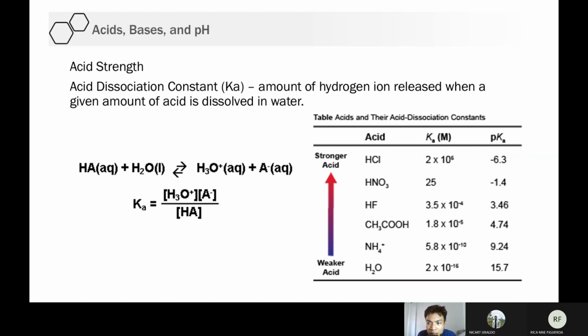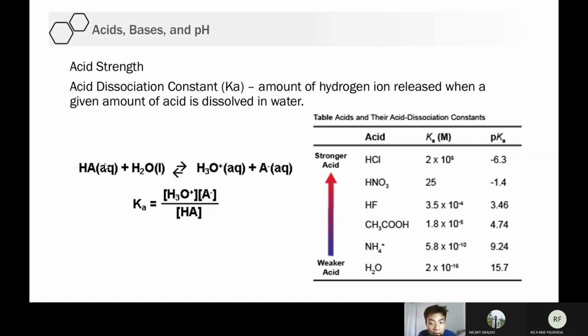How do we solve for the Ka ba? Hindi ko alam kung may analytical chemistry kayo, pero ganito mag-solve ng Ka. Hindi naman natin gagawin to, don't worry. So how do we determine the experimental value for Ka? Basically, if we have an equilibrium equation, that is an equation with two arrows. That means two processes ang nangyayari. Reactants converting into products.